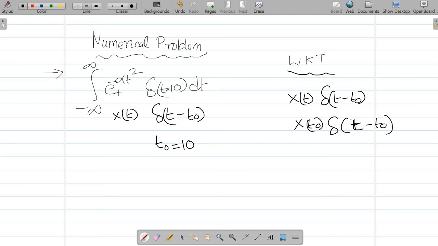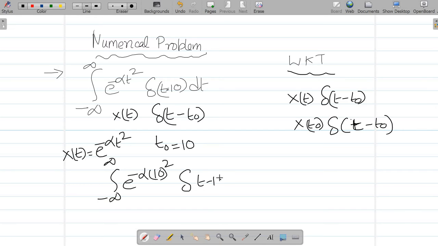which means I have to substitute, and x of t is equal to e to the power of minus alpha t squared. That means I have to substitute this 10 into t squared. So this integral becomes minus infinity to plus infinity e to the power of minus alpha into 10 squared into delta t minus 10 dt.